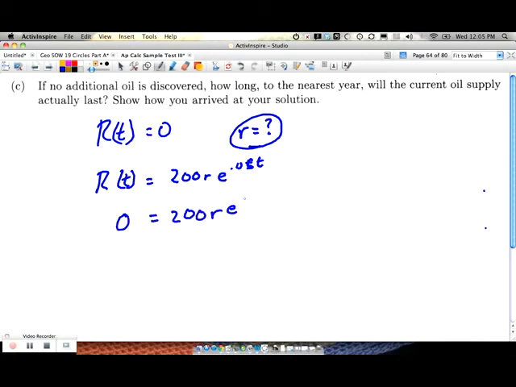Well, looking at this, we can divide both sides by 200r, so that's going to be 0 over 200r equals e to the 0.05t. And that's just going to be 0, so when does 0 equal e to the 0.05t?